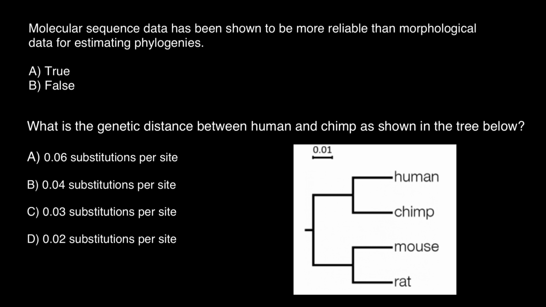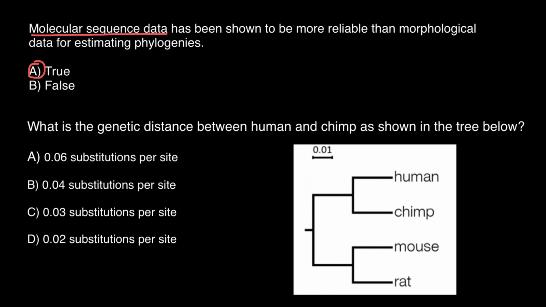But sometimes it is hard to tell when we compare closely related organisms, for example, other great apes in relation to humans and themselves. In this case, molecular sequence data would be the most reliable source of information for us to build phylogenetic trees like this. So this is a true statement.